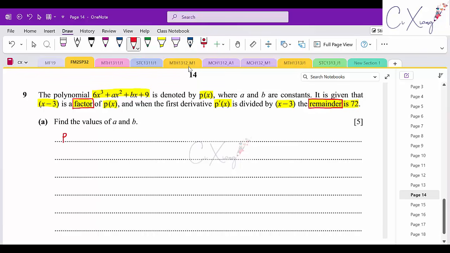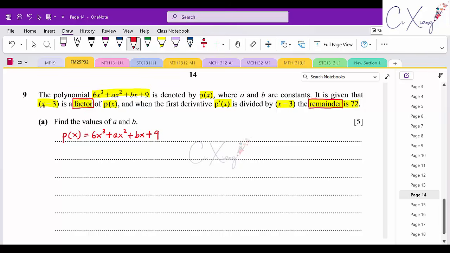All right, so first of all, we have P(x) equals 6x cubed plus ax squared plus bx plus 9. The first sentence says that when the polynomial is divided by x minus 3, which is a linear divisor, it is a factor of P(x). So the word factor tells you there's no remainder.